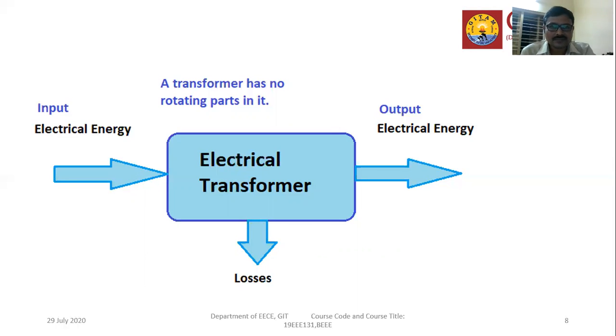Because it has no rotating part, there is no rotational loss, meaning there is no friction inside the transformer, and hence no loss of energy.